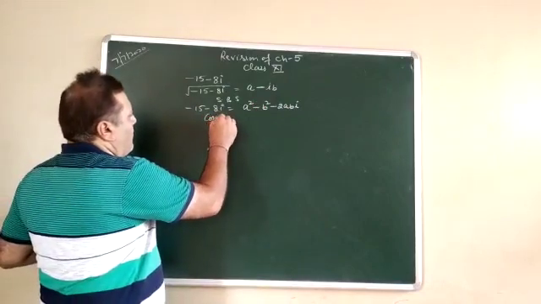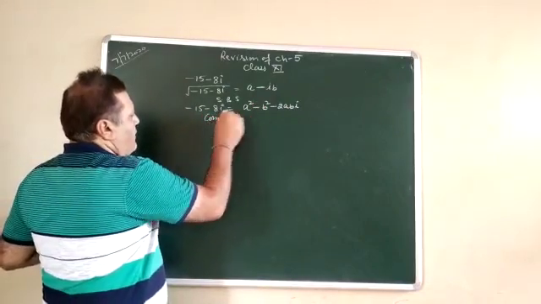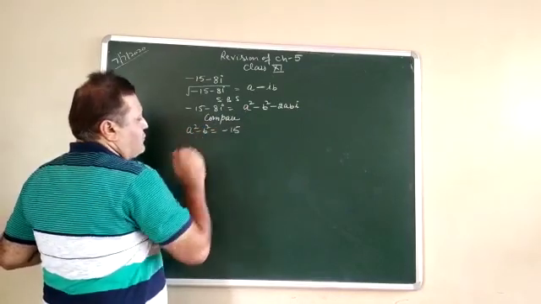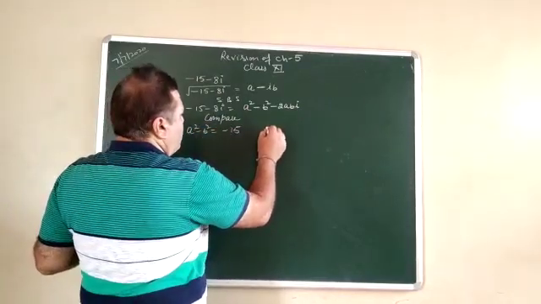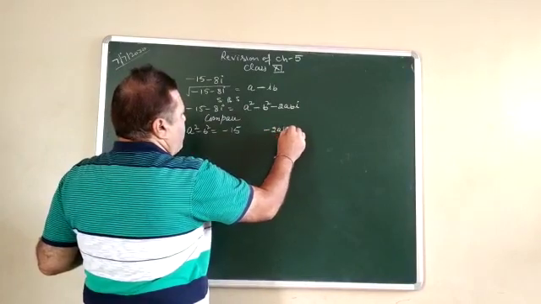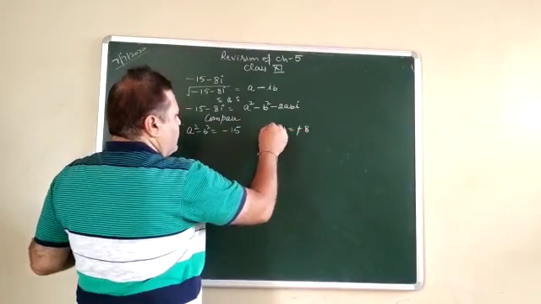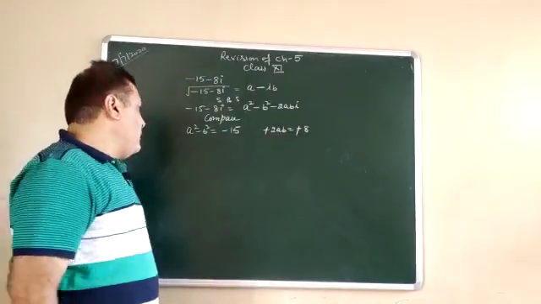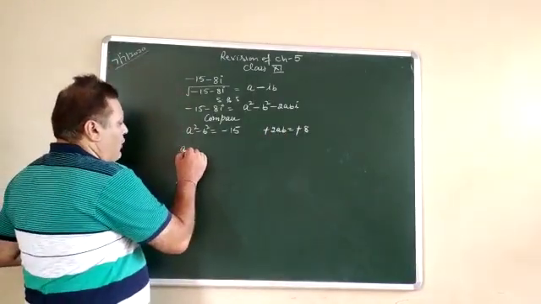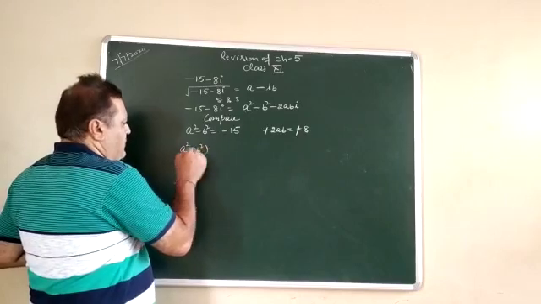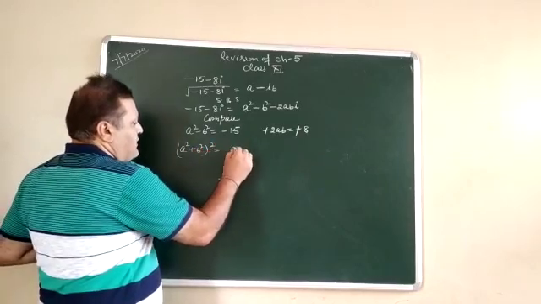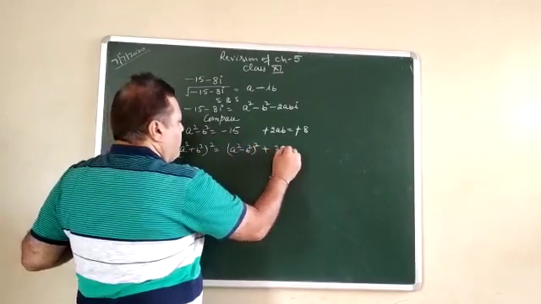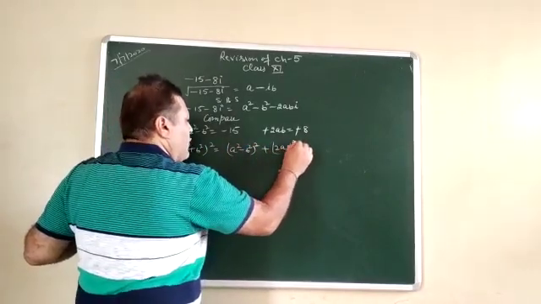Now compare the real part: a² - b² is equal to -15 and -2ab is equal to -8. This minus gets cancelled, 2ab is equal to 8. We have one formula: (a² + b²)² is equal to (a² - b²)² + (2ab)².